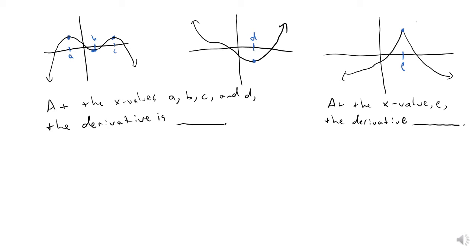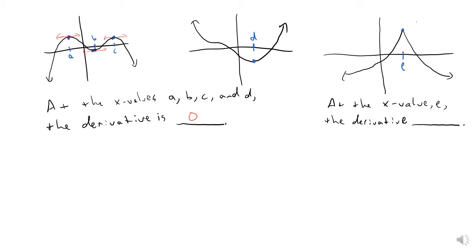At all 4 of those points, the derivative is 0. Right? Remember, derivatives give you the slope of the tangent line, and at every single one of these points, if I draw the tangent line, it will be perfectly horizontal.